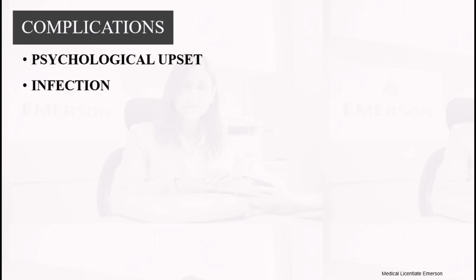Then what are the complications of stillbirth? Under complications of stillbirth, we can have psychological upset, which often becomes a problem. Then we have infection. So long as the membranes are intact, infection is unlikely.